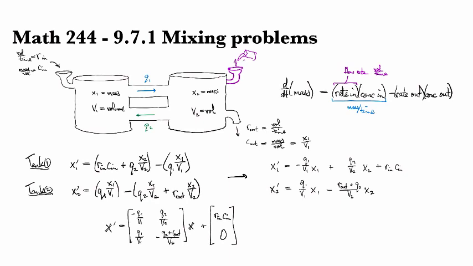Let's call that R2. Then that would contribute to a forcing function right here, stuff coming into the second tank. But we won't be doing that for this particular problem.